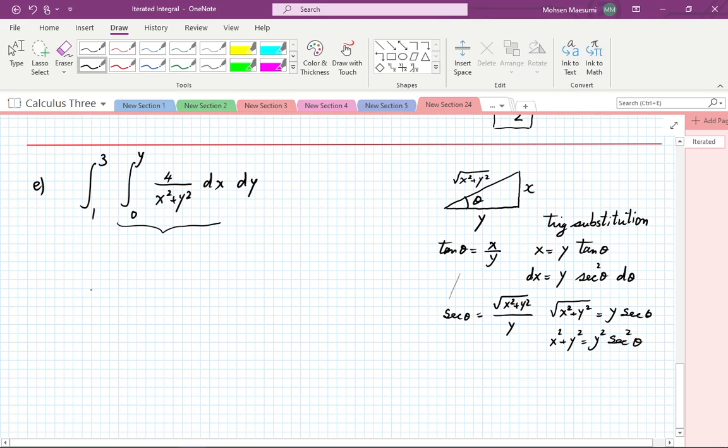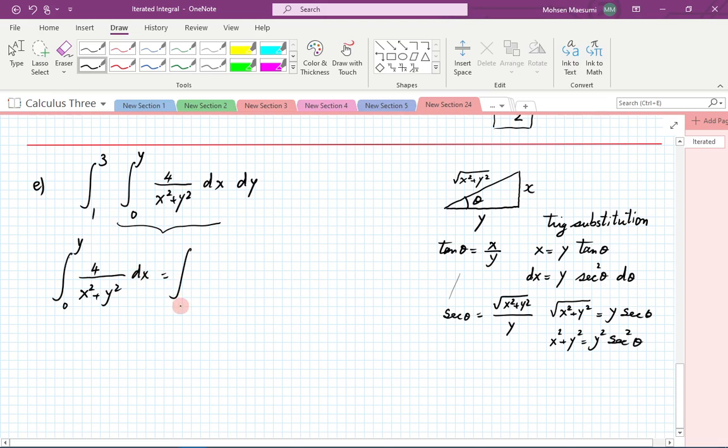Let me first write it here. I have the integral from 0 to y, these are constants, of 4 over x squared plus y squared dx.